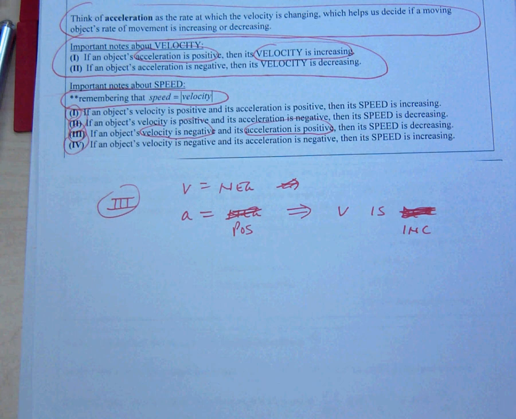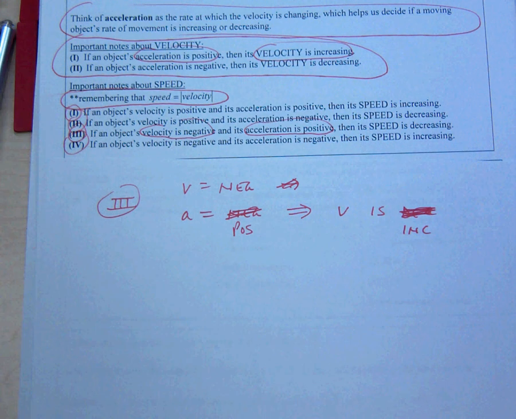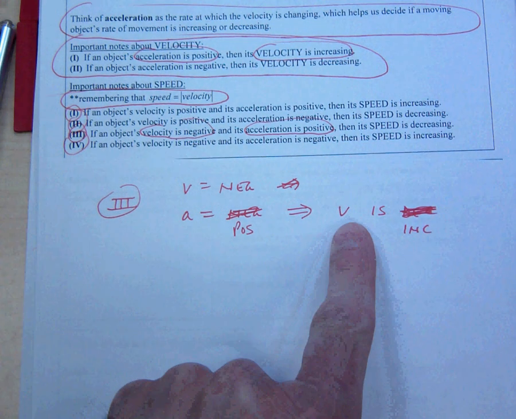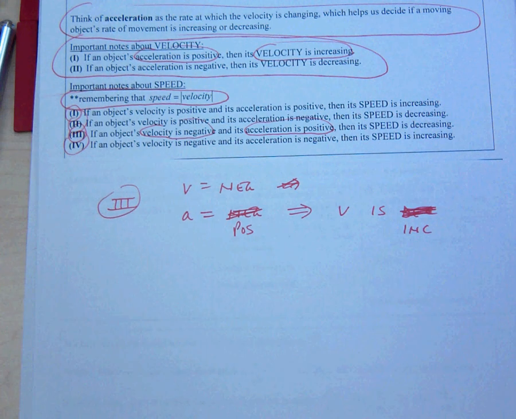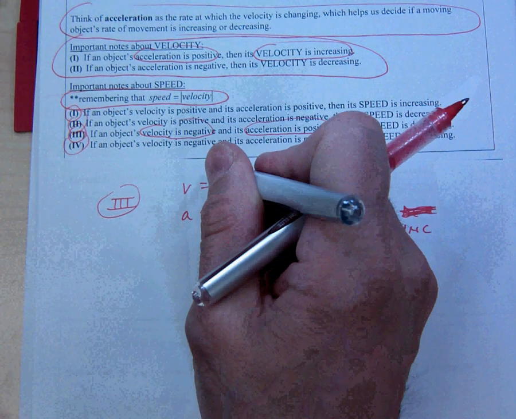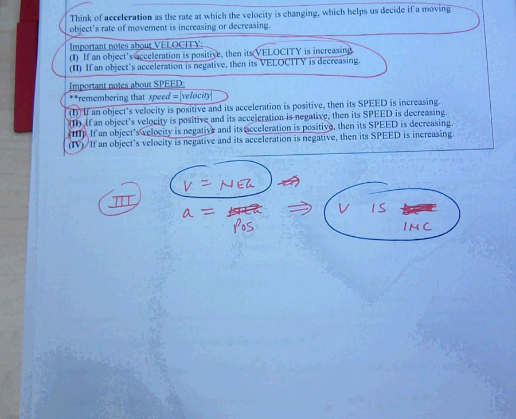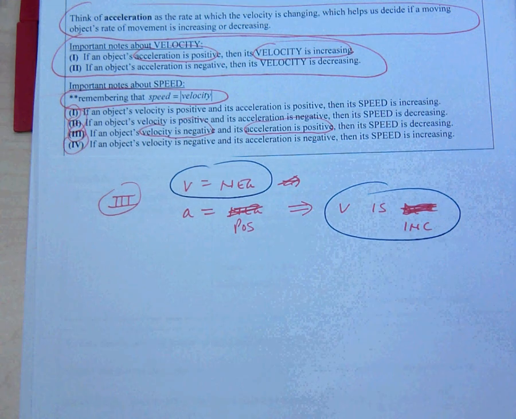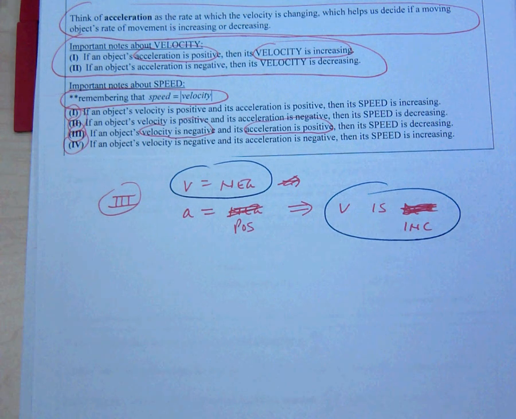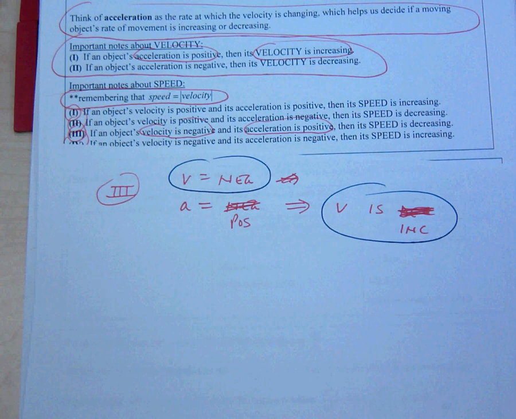Okay, now, does this make more sense? We have a negative velocity and a positive acceleration, and anytime the acceleration is positive, we can say that the velocity is increasing. So what we have now is velocity that's negative and velocity that's increasing. The best way to demonstrate this is to look at an interval. Whatever happens on an interval, you can say is the same thing that's happening at one point on the interval, right?